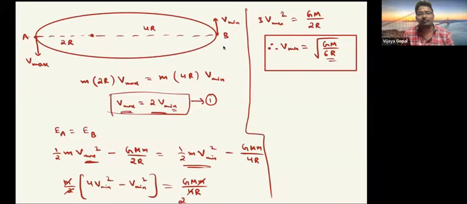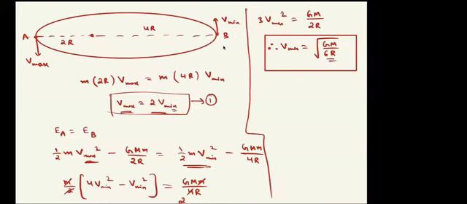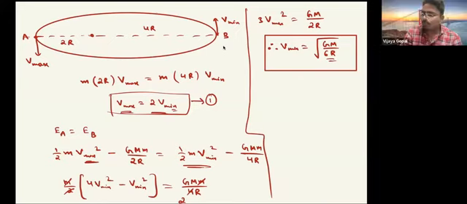Understood? Once we get V minimum, we can find angular momentum. According to Kepler's second law, angular momentum at any point is the same. So let me find angular momentum at this point. L is m into r perpendicular, 4r, into v minimum, which is root of GM by 6r.